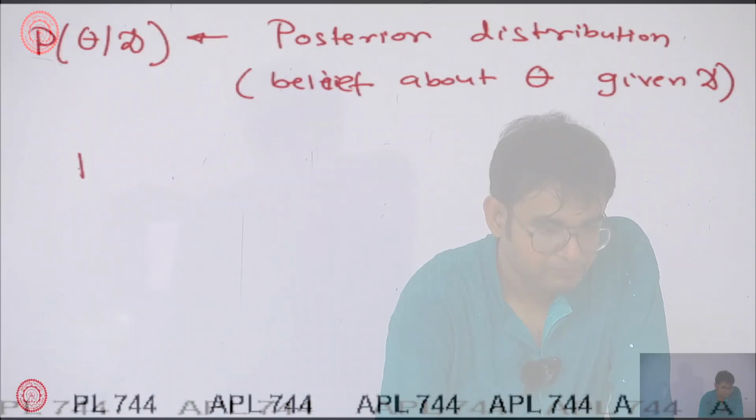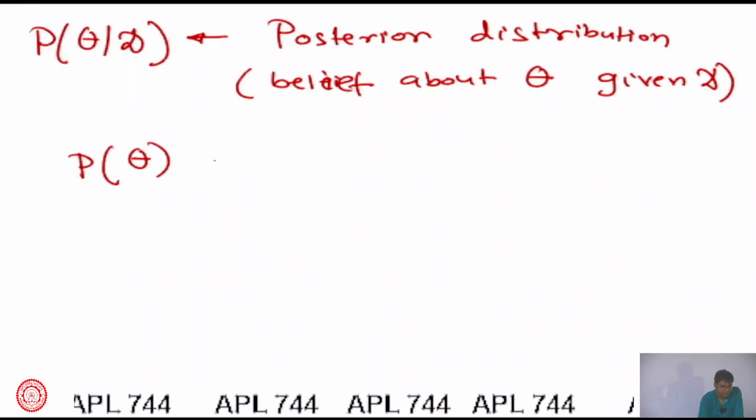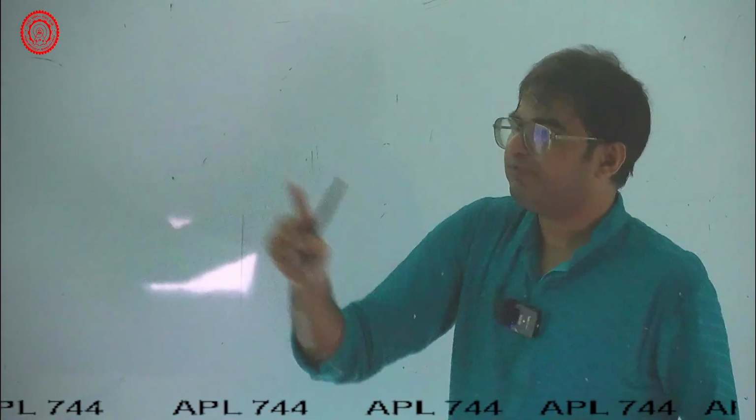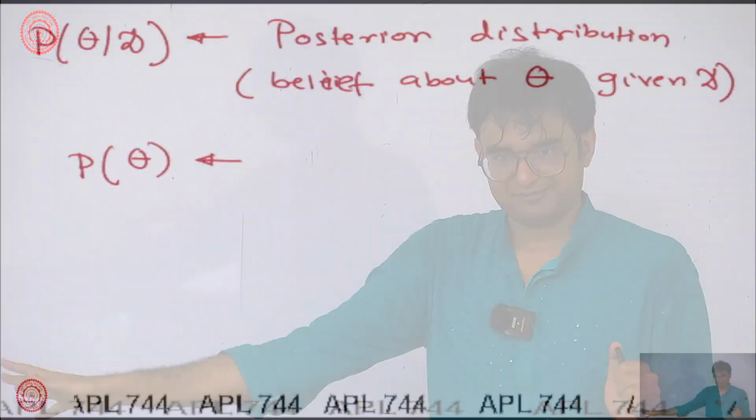The other term we have on the right hand side is probability of theta. This is the prior distribution, because this is your belief about theta before you have observed any data. Your belief can be, okay, in my whole school days, I have always worked with unbiased coins, so the coin is unbiased. That is your belief even before you have performed any experiment.